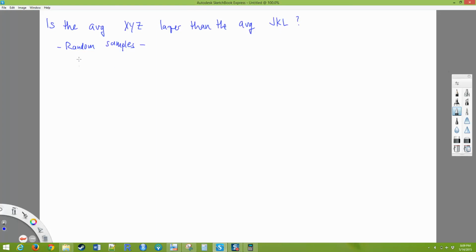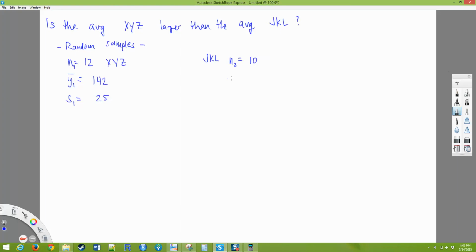So we have n equal to 12 XYZ, and the y bar 1 of these is 142 with a standard deviation of 25. So I'll put ones on these, and then for JKL, the sample size will be 10.